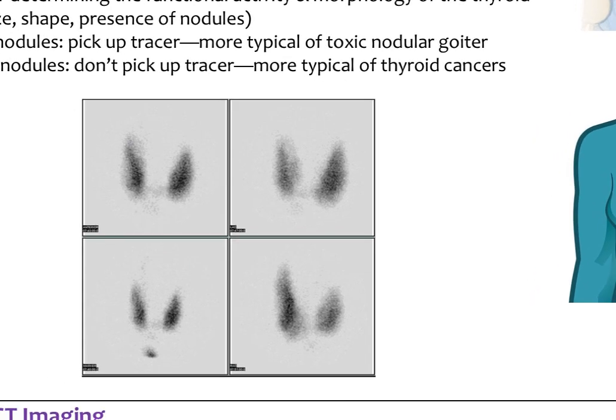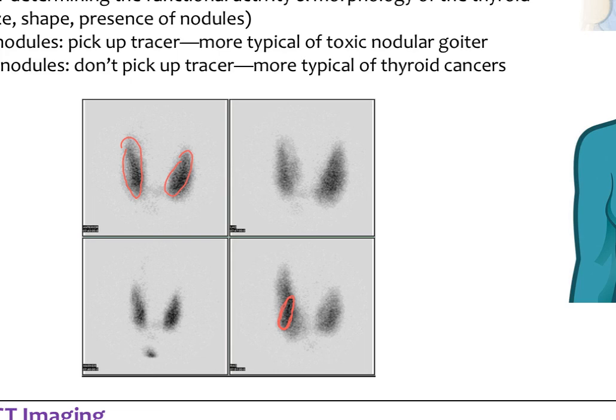Looking at a normal distribution, we can see the uptake. We actually get a measure called thyroid uptake, and that will show you how much of the tracer was taken up by the thyroid. Is it bilaterally distributed, or do we see it more distributed in a pocket, maybe suggesting a nodule that is taking up a lot of the tracer?